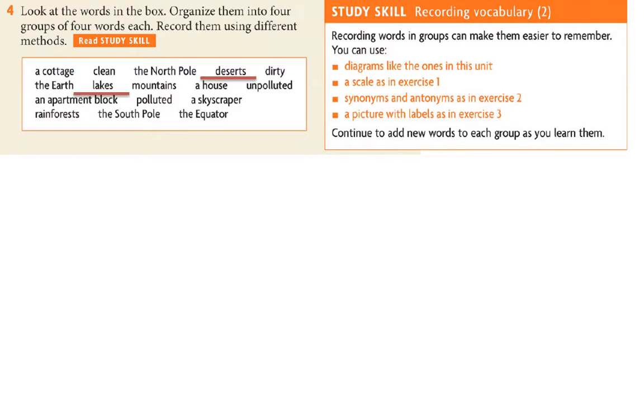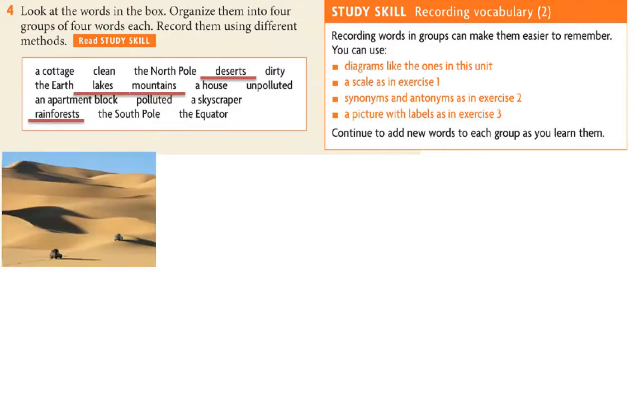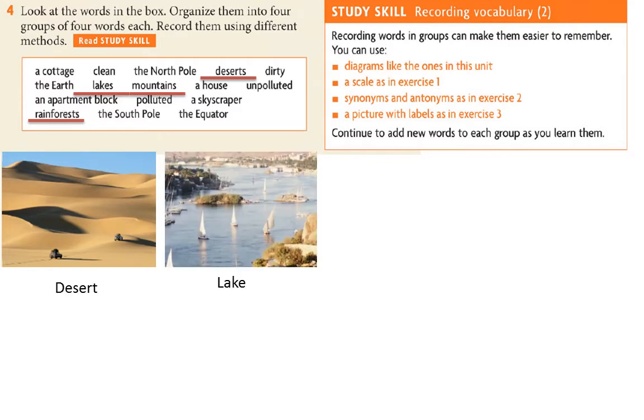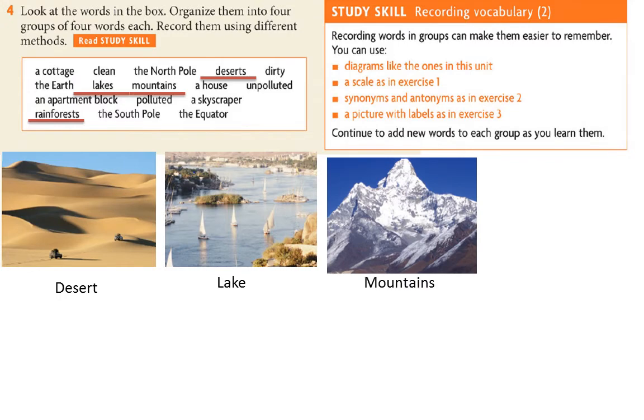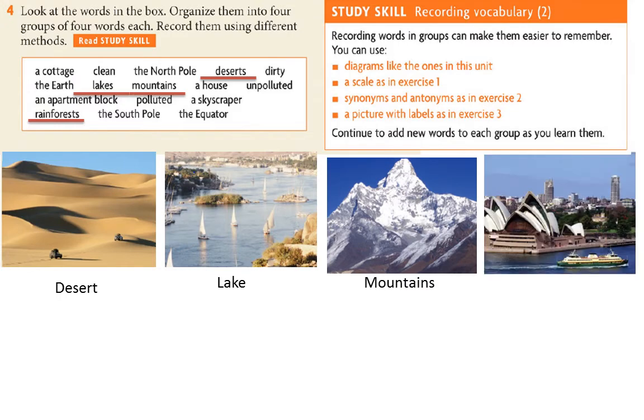So for these words we will use pictures. This is deserts, this is lake, mountains, and rainforest. This is another method, the fourth method, to group words and record them in order to memorize them.